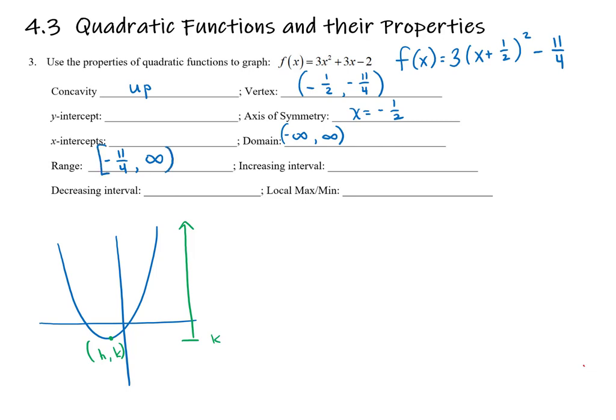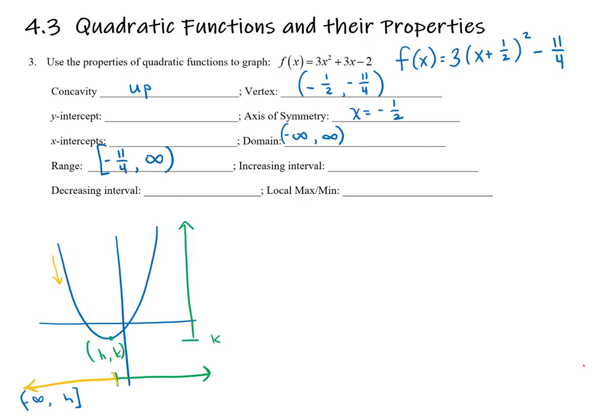And then we can look at our increasing intervals. We have two intervals. I'm putting them here. It depends on if it's concave up or down, but for the left side, we're going to be looking at this interval because it's decreasing. I want to say that it goes from negative infinity to h.